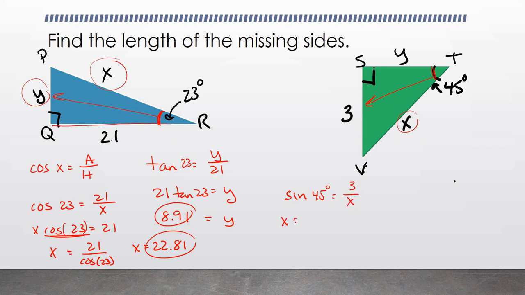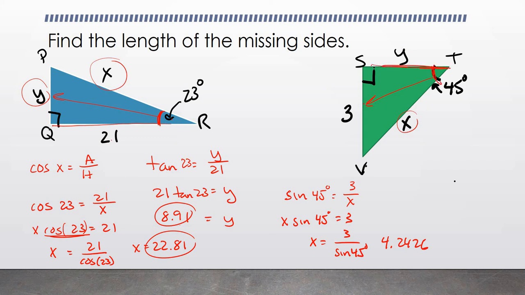Again, I'm going to have to do two steps to isolate the x. So x equals 3 divided by the sine of 45 degrees. And if you use your calculator for that, you should get 4.2426.